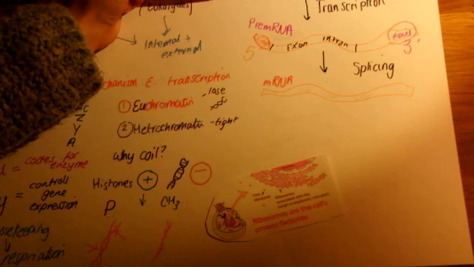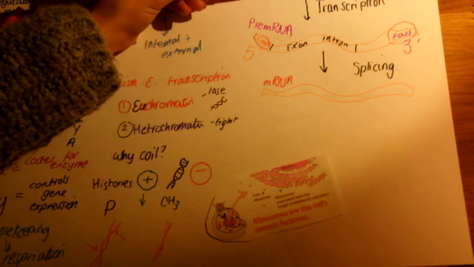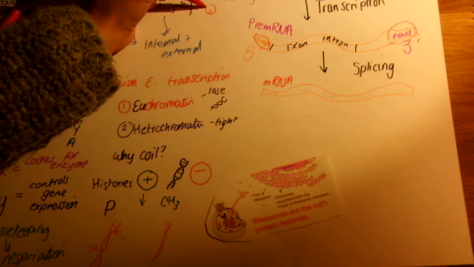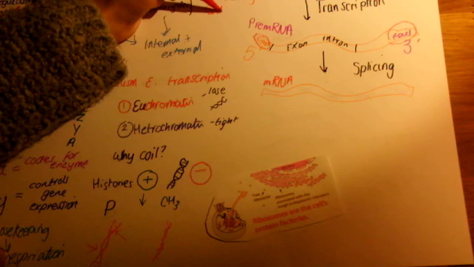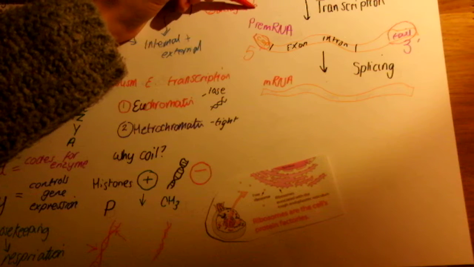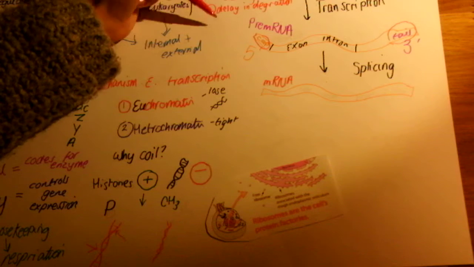One, it allows for stability. And two, the cap and the tail allow for a delay in degradation in the cytoplasm. Delay, so basically a longer lifespan before degradation in the cytoplasm.